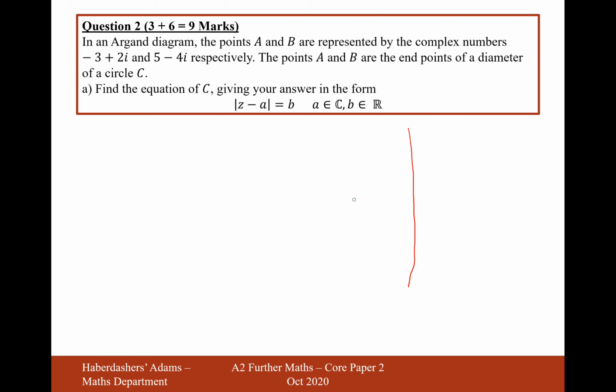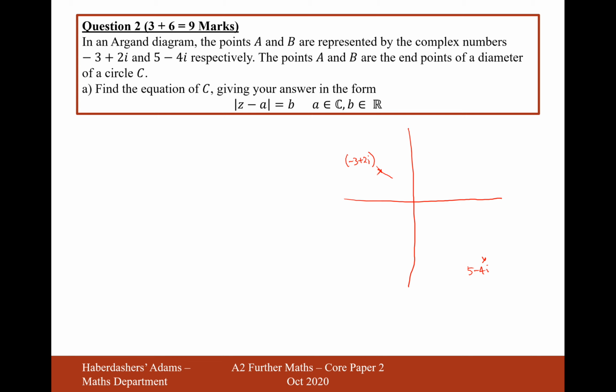Okay, well first of all let's draw a little diagram to visualize this diameter. So it's -3 + 2i, and the other point is going to be at 5 - 4i.